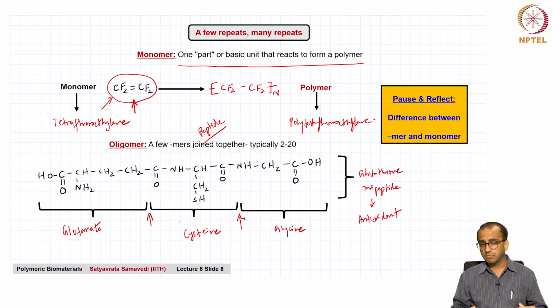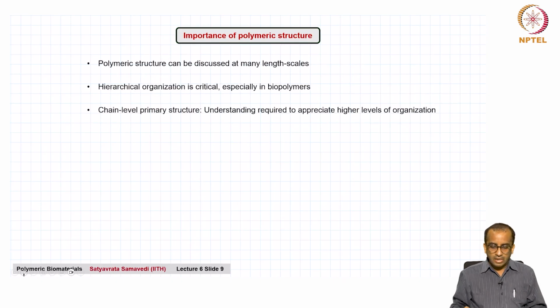So far we have looked at the MER, which is simply the repeat unit, the monomer, which is the basic unit molecule that reacts to form the polymer, and the oligomer, which is a few repeat units joined together to form a structure which may have about 2 to 20 repeat units. Now, if you extend that argument, you can go up to n, which is the degree of polymerization, the number of times that this unit repeats to get the full polymeric structure.